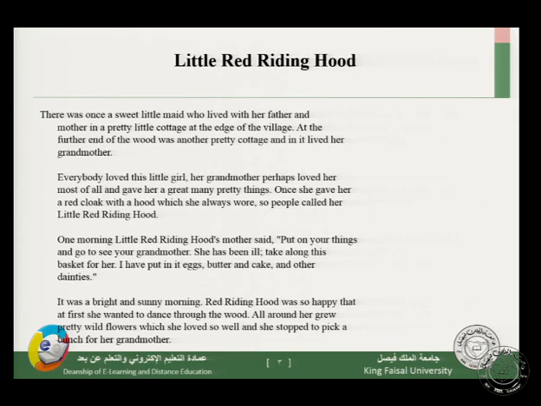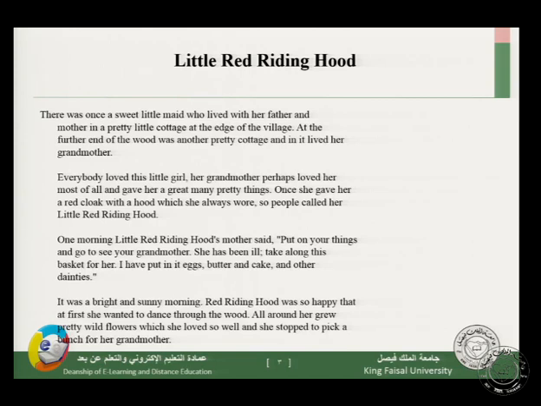So this story is about this little beautiful girl. Of course, this story is also originally a folk tale. Okay, it's a folk tale and it's a fairy tale. So it talks about a little girl who wants to visit her grandma.